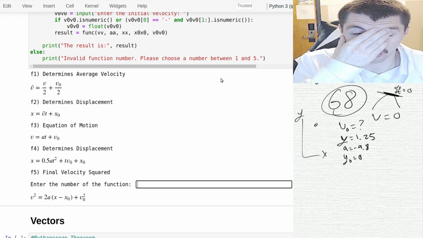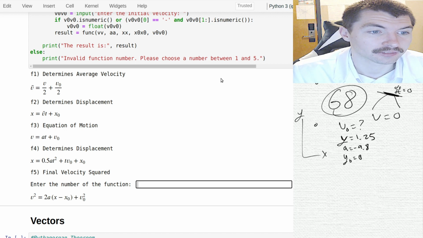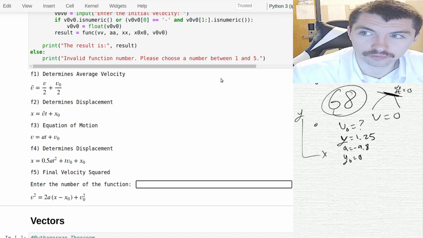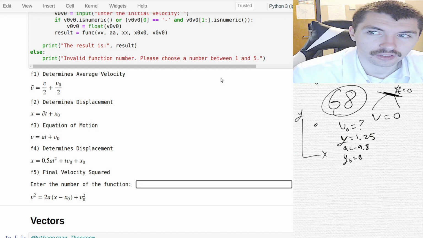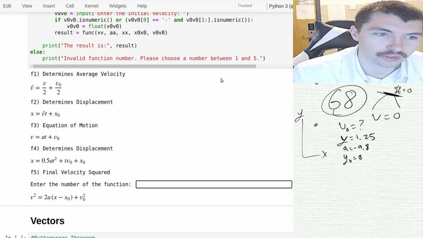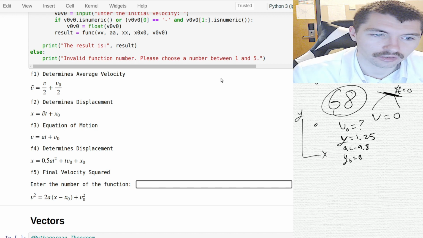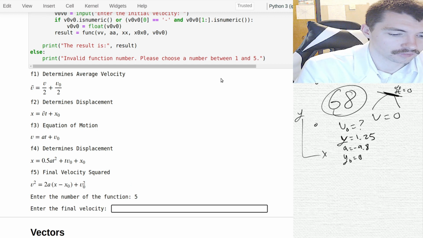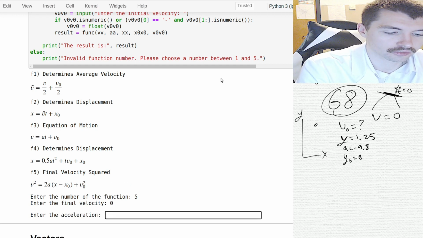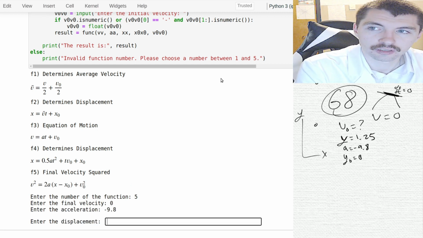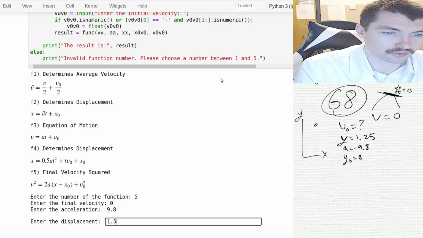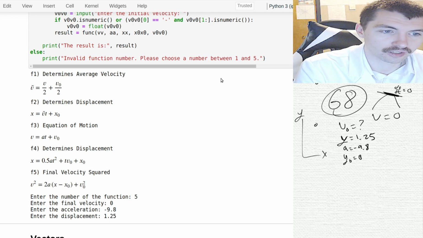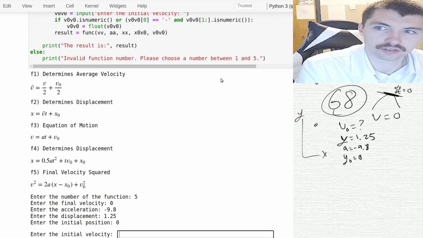So I think that's the key intuition you need to bring into this problem. So we're going to find what equation we want to use. We know v, we need to find v naught. Okay, we know a, we don't know t. So I'm looking at equation 5. Final velocity is 0, a is negative 9.8, displacement is 1.25, from 0.